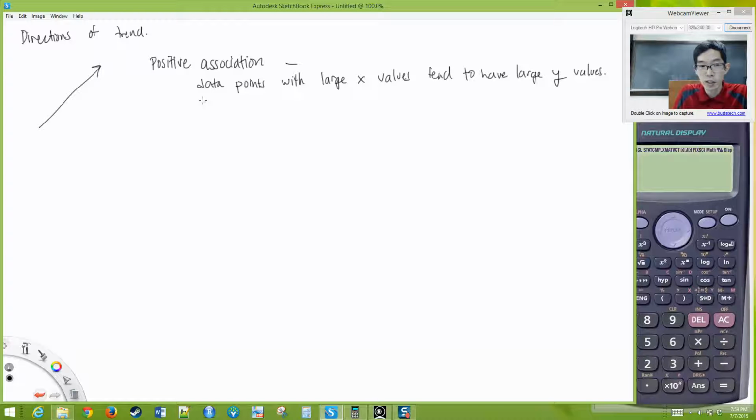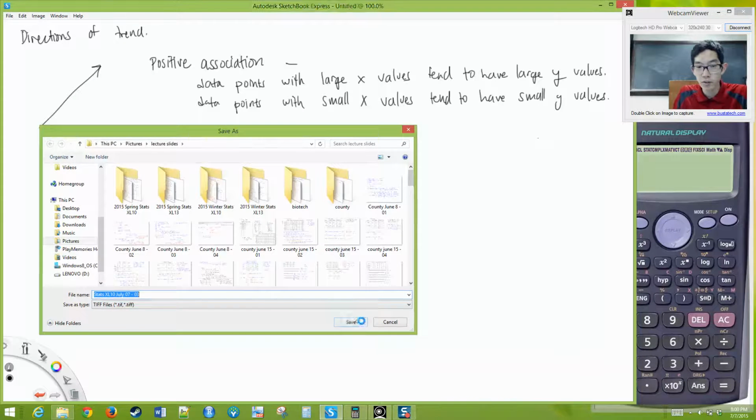Okay, and data points with small x values tend to have small y values.